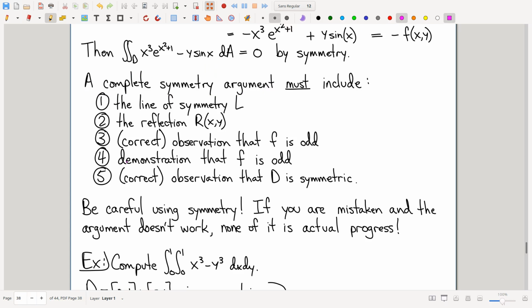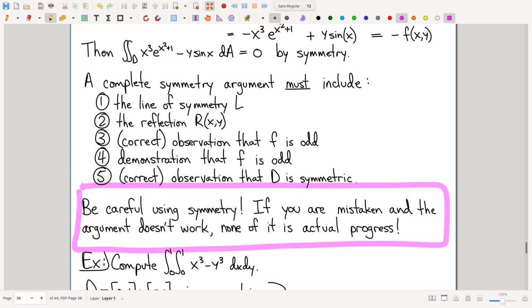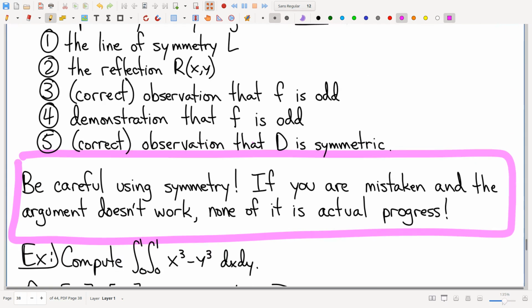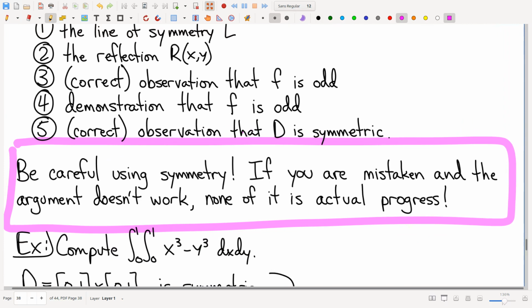Now, I do want to also give you a warning. This is just a heads up. I've seen a lot of this happen. This is very tragic when it does happen. And that is to be just really, really careful in using symmetry. So here's what can happen sometimes.